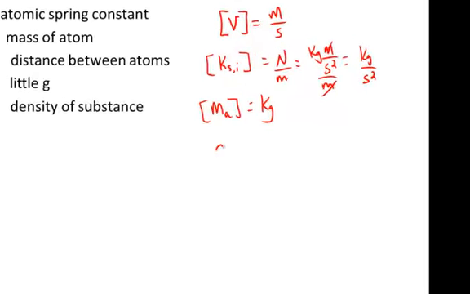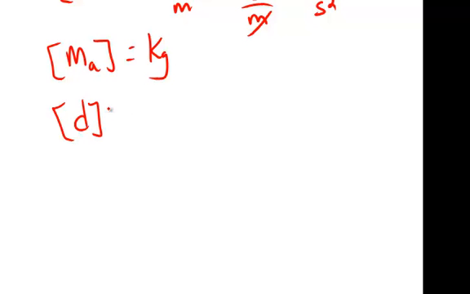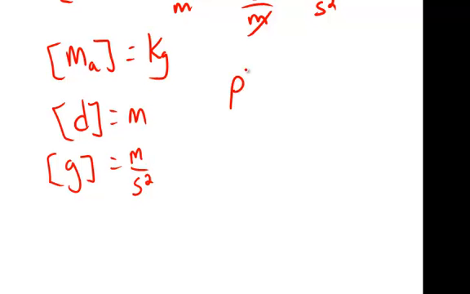The distance between the atoms, d, has units of meters. g has units of meters per second squared, or newtons per kilogram. And rho, the density, is kilograms per cubic meter.